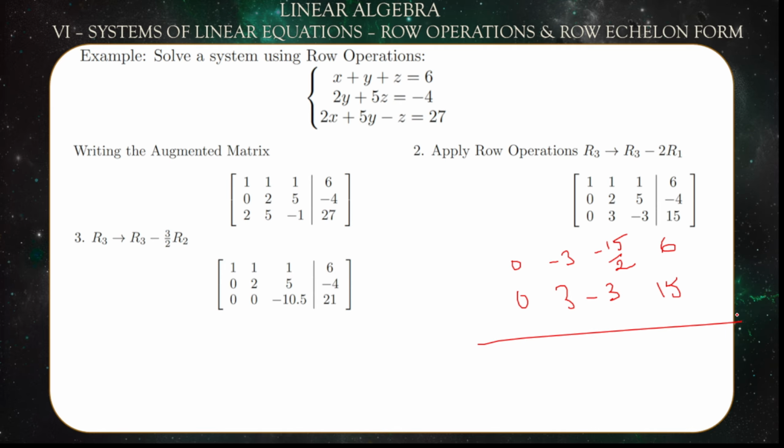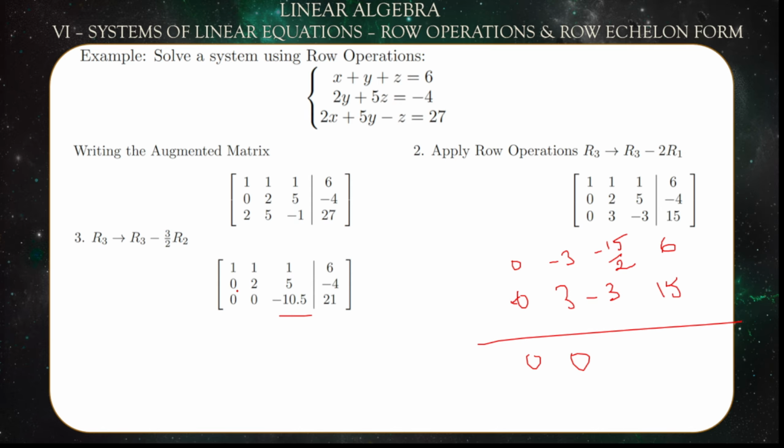So we need to add them together and place them in R3, so you get 0, 0, then minus 15 divided by 2 minus 3, which gives minus 10.5, then 6 plus 15, which is 21.